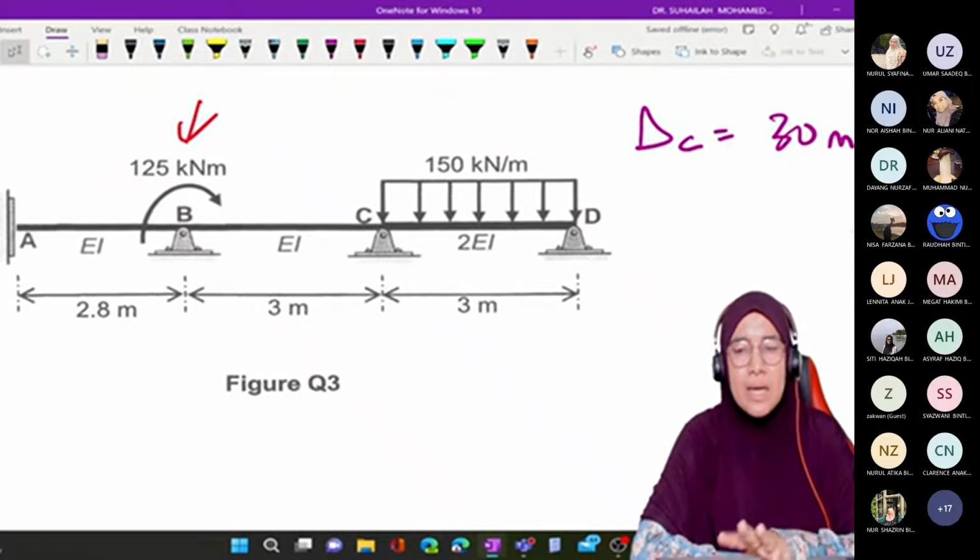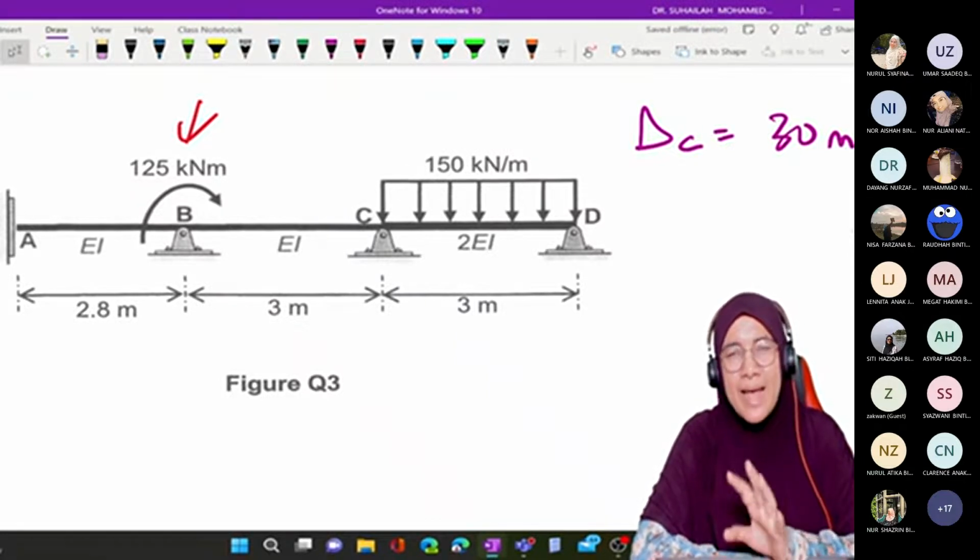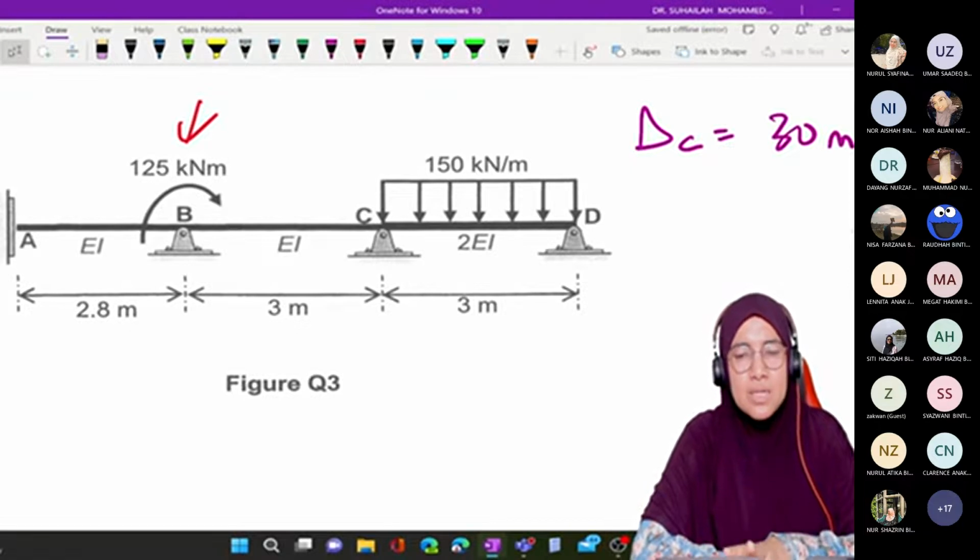Okay, so let's say in this beam, I add additional support settlement. So besides loading in the diagram, I have added support settlement at support C, 30 mm.